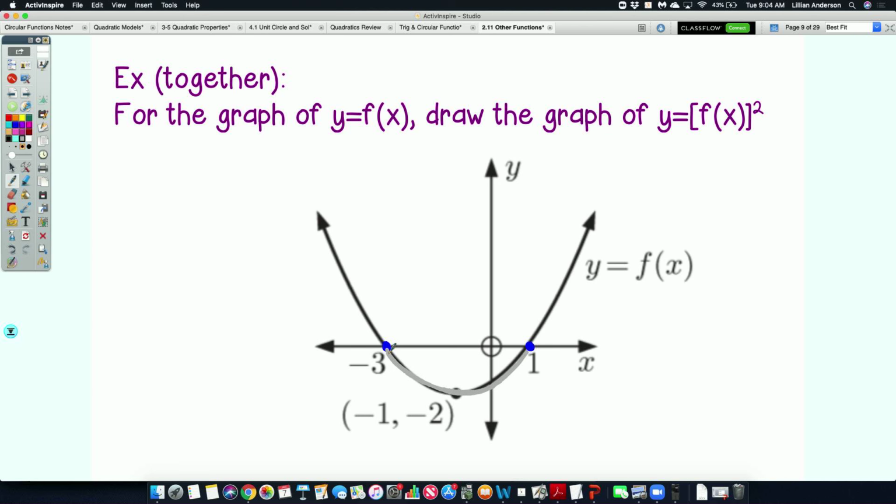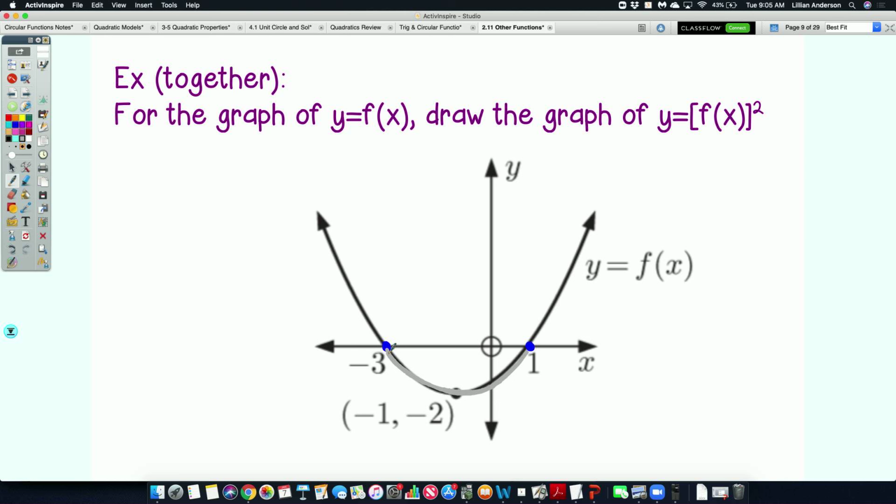Everything else will stay above the x-axis, but because we're squaring, all your y values are going to now be positive. We don't have any vertical asymptotes, so we don't have to worry about that, and we also don't have to worry about it being closer to x because there's nothing in between, like how I showed you with an exponential or a rational function. So pretty much all we have to do for this one is take care of the fact that it goes below the x-axis here.